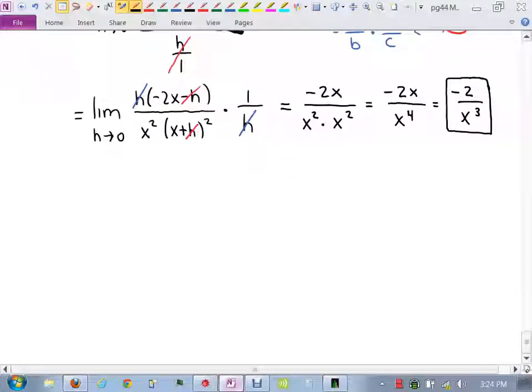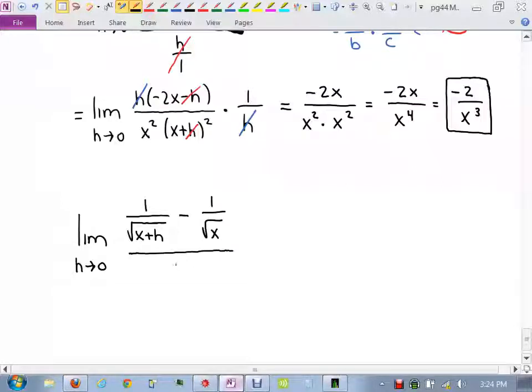Since I'm already conceding that I don't think I'm going to get to 1.5, I'd like to show you a problem. It's not in the book. It's a good exercise, so check this one out. Limit, let's say h goes to 0, of 1 over the square root of x plus h minus 1 over the square root of x, all over h.